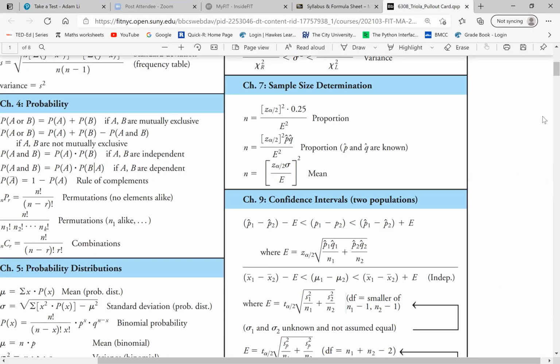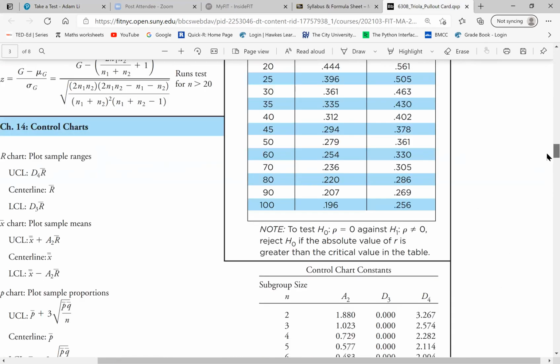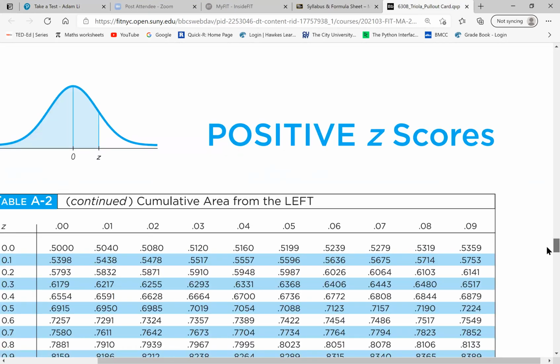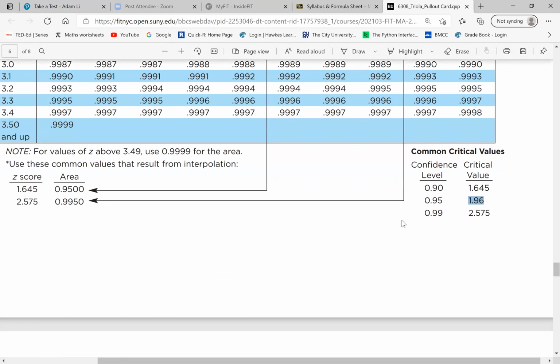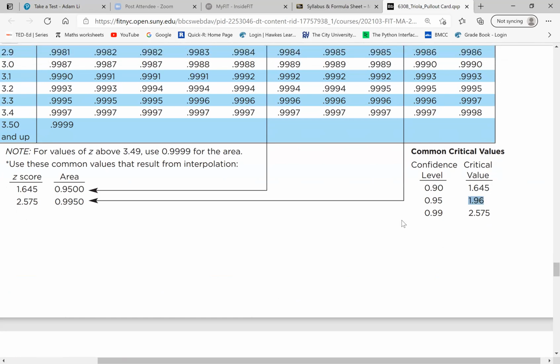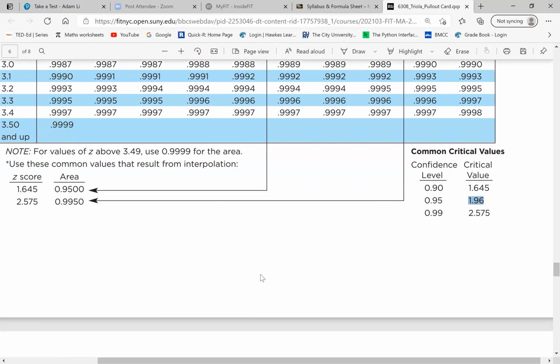This is from the table A2, second page of table A2. Right here, 95%. It's a shortcut. If you want to get that right away, just look at the bottom. Or you can draw the bell curve and then get it from the bell curve as well. 1.96.